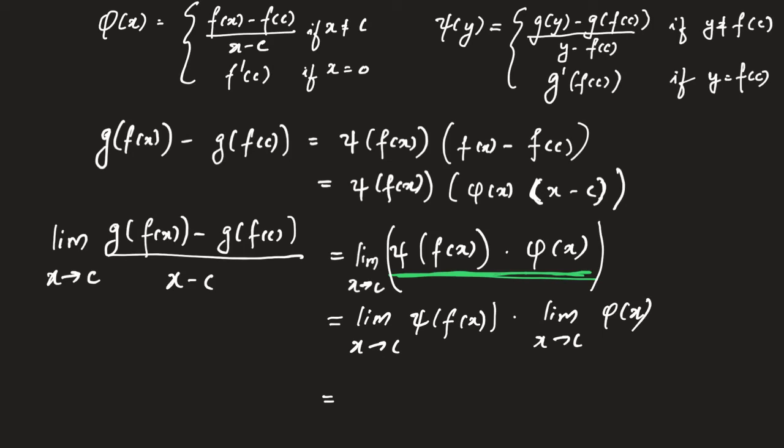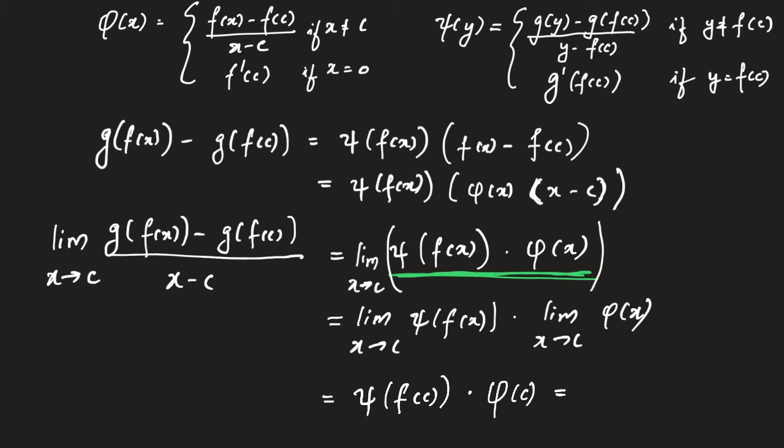Now this is equal to psi of f of c. How do we know this? We know this from the continuity of f at c and psi at f of c. And this is equal to limit x tends to c phi of x is equal to phi of c. But what is this? What is psi of f of c?